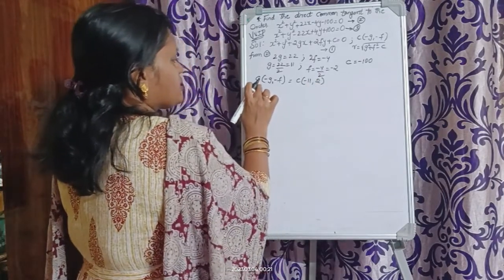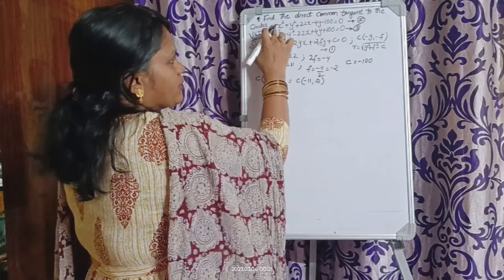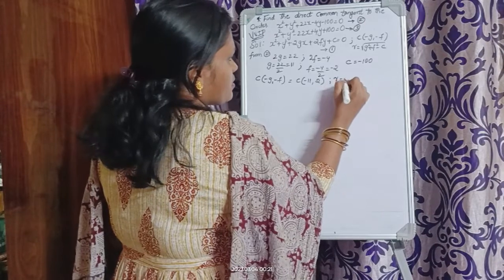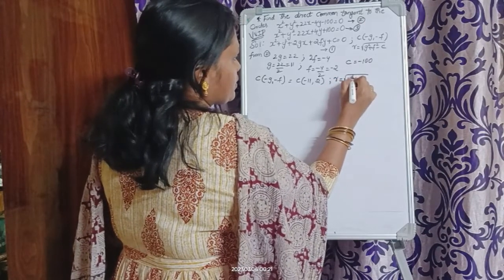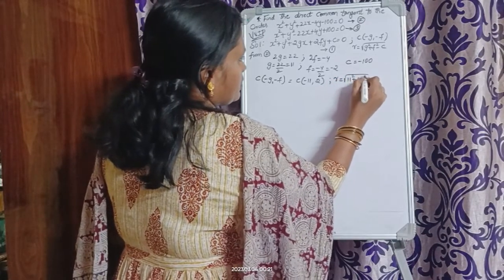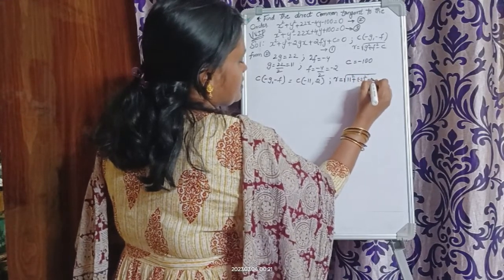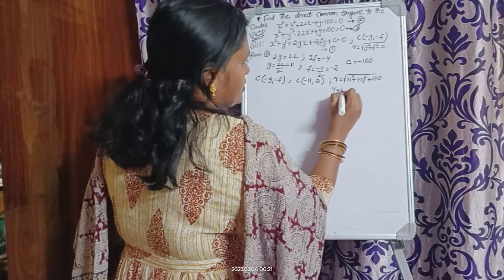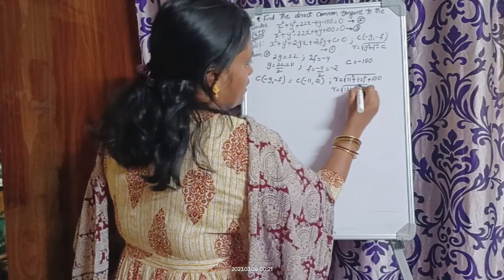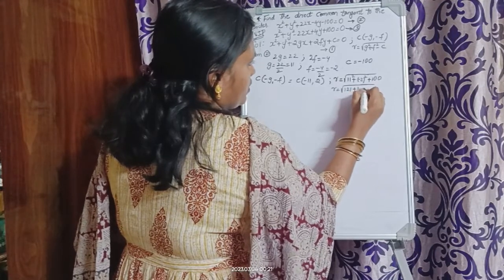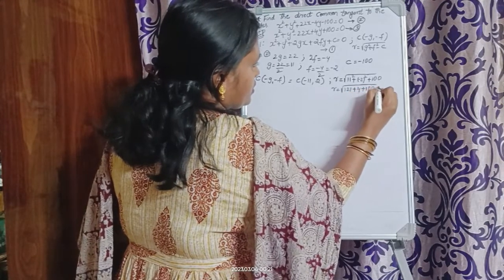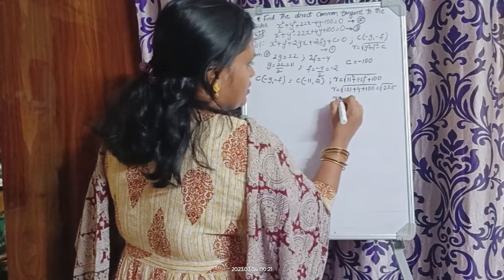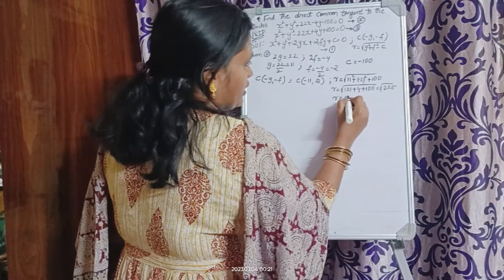So this is the centre of the given equation 2. Also r is the square root of g square, which is 11 square, plus f square minus c, minus of minus is plus. So r is 11 square, which is 121, plus 4 plus 100, which is 225, which implies r is square root of 225, which is 15.